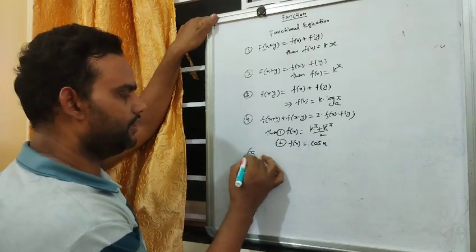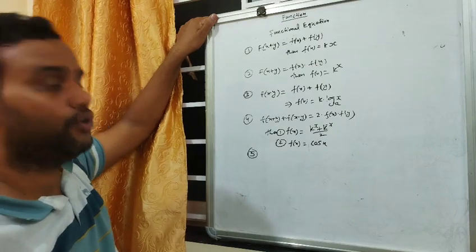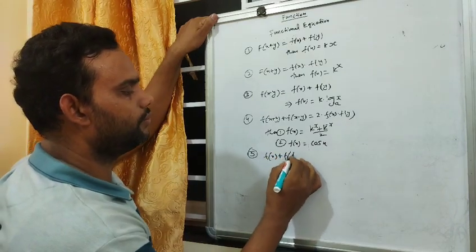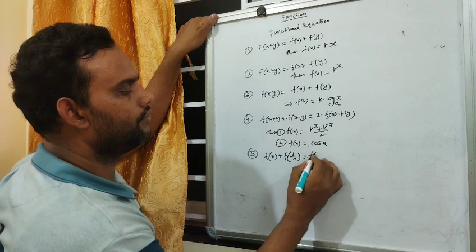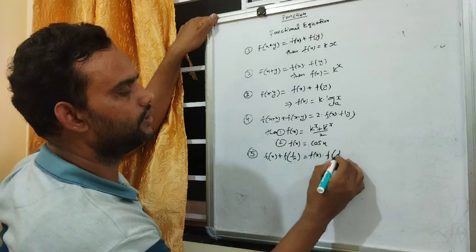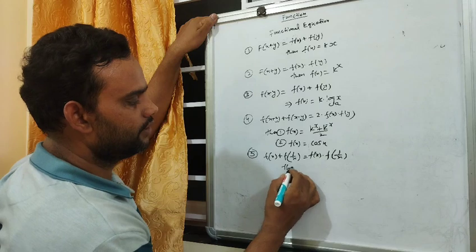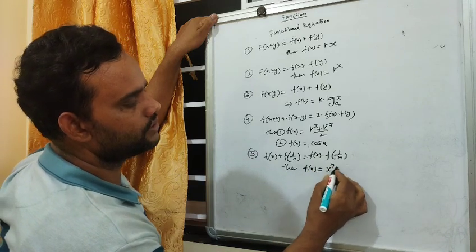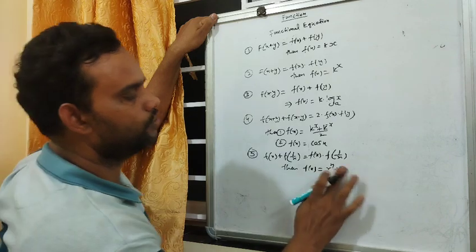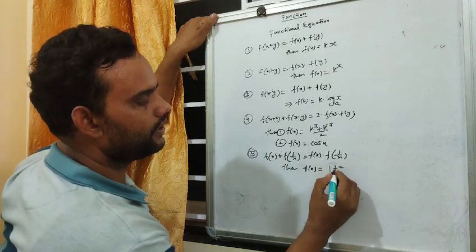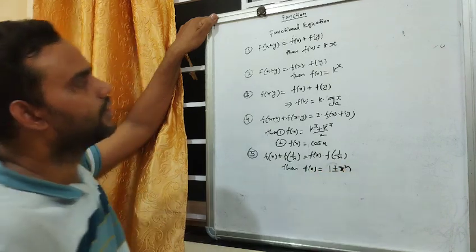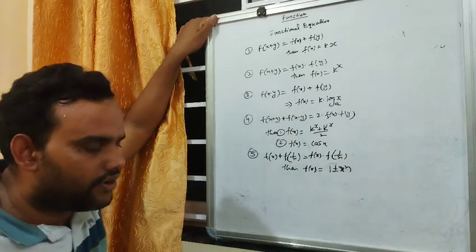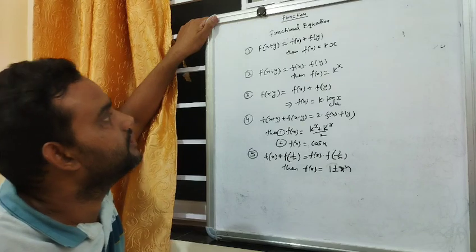And very important, if f of x is a polynomial function, then f of x plus f of 1 by x equals f of x into f of 1 by x. Then we consider f of x equals 1 plus or minus x power n. So there are 5 elementary functional equations.